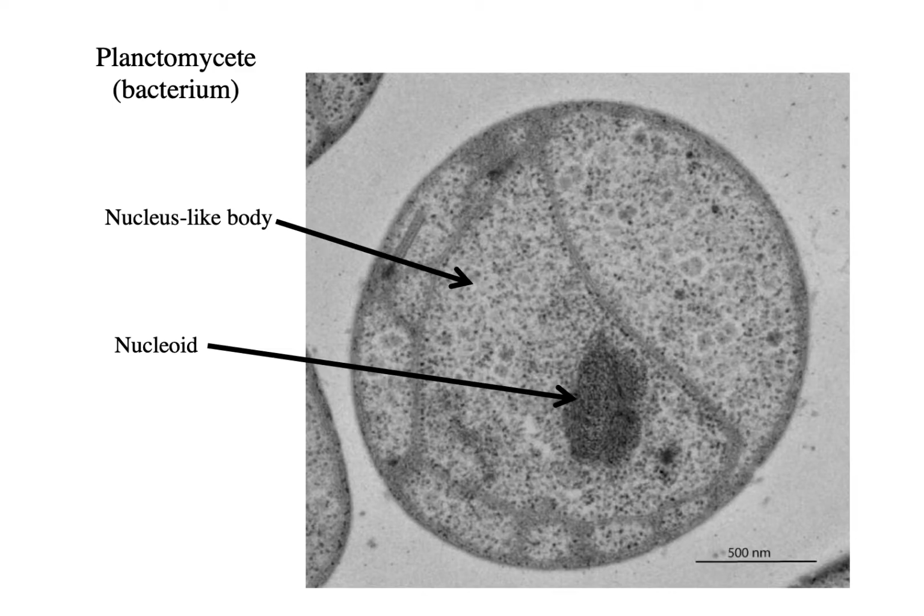Just to remind you of where this may have come from, all of this, the nucleus and the nucleolus, this is an electron micrograph of a planctomycete, a bacterium, that has this double membrane, or actually single membrane, folded over on itself. That looks like a nucleus with ribosomes inside. And it has an area which contains chromatin, which is called the nucleoid, mainly the chromosome.